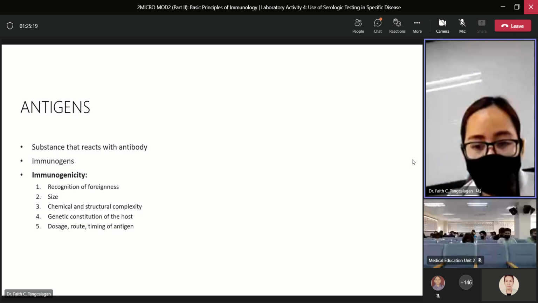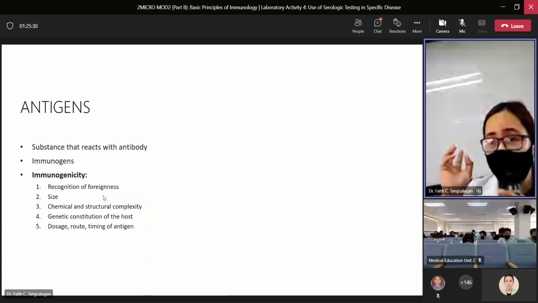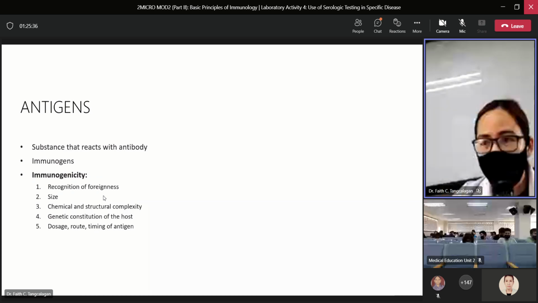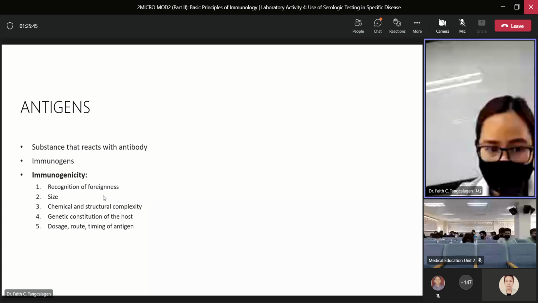Okay, so another property, genetic constitution of the host. So it depends on your genes, no? For example, if your genetic predisposition or family is very susceptible to any infection, so you're also very susceptible. So that's another property of immunogenicity.